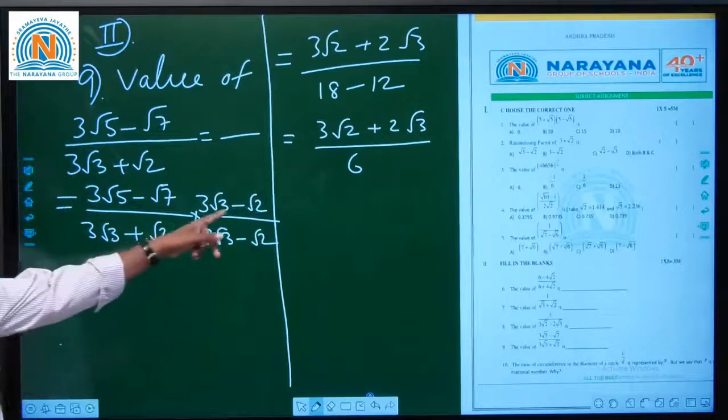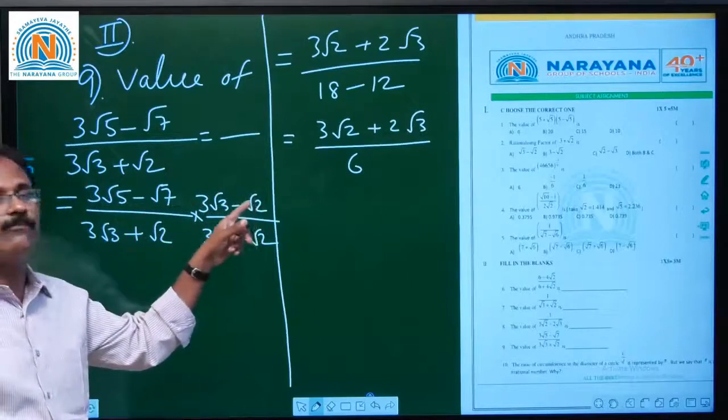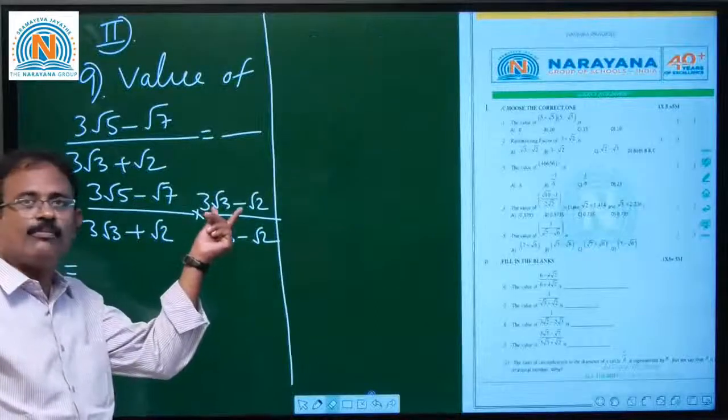Now here it is like a minus b times c minus d. So let us multiply with the same number in the numerator also.